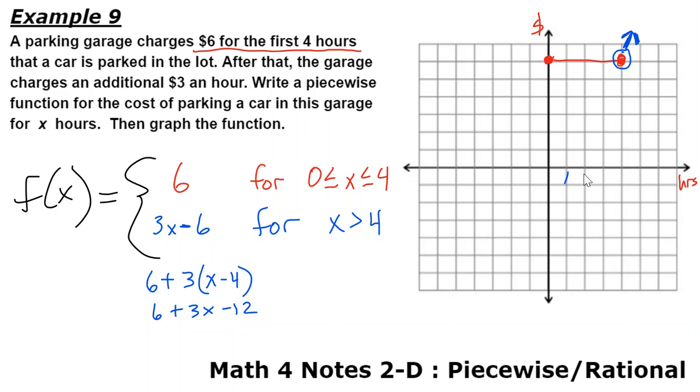I got 1, 2, 3, 4 hours. I got 1, 2, 3, 4, 5, $6. And so we can't really tell a whole lot about the rest of the graph other than we have an idea what the slope ought to be.